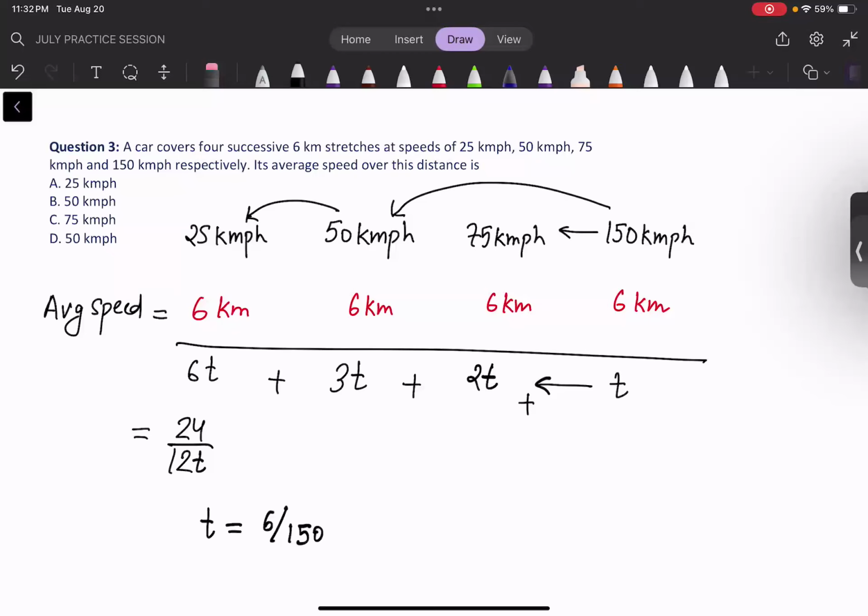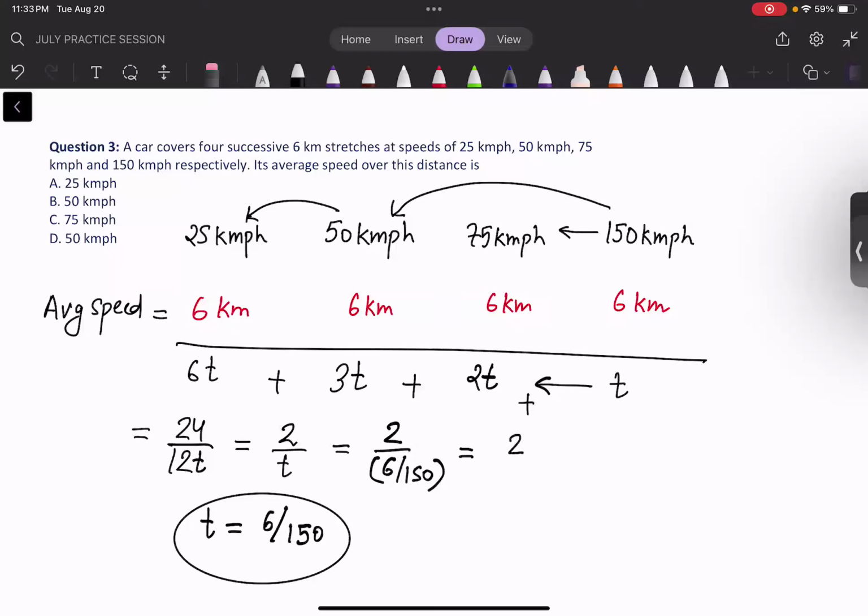Okay. Now answer. 24 by 12t. This means after simplification I will get 2 by t. Now I will put the t value, which is 6 by 150. So 2 divided by 6 by 150. How much will you get? 50.